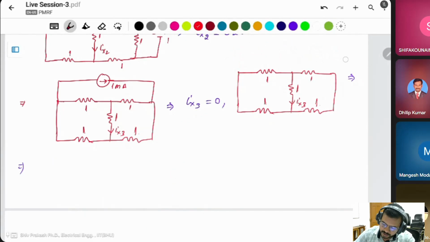In this case, this is removed. This is 1 milliampere. This circuit is also the same, a Wheatstone bridge. That's why this current is also 0.